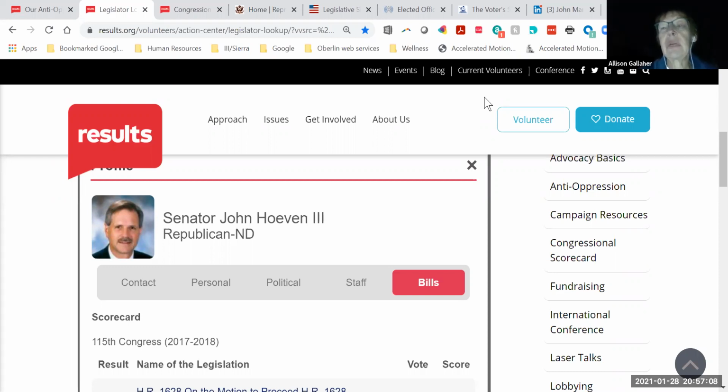And the scorecard is a really great way to, again, find things that they have done that you can thank them for, or just see how active they've been on Results issues in the past. And even if you have a brand new member of Congress, so obviously they have no actions on the scorecards for the past years, sometimes it's interesting to go and see what their predecessor did, so that when you go in, you can say, well, your predecessor was always really supportive of our issues around the earned income tax credit.